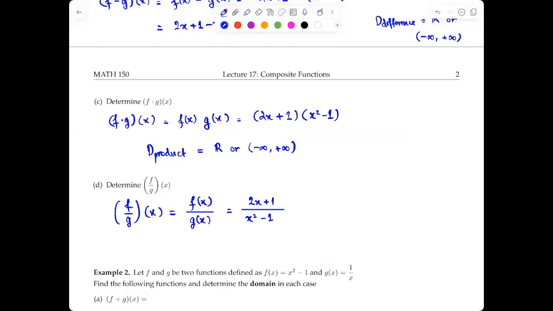So the domain is, again, the intersection between the domain of f and the domain of g. But for the quotient function, you need to include one more condition: that g of x is not 0.